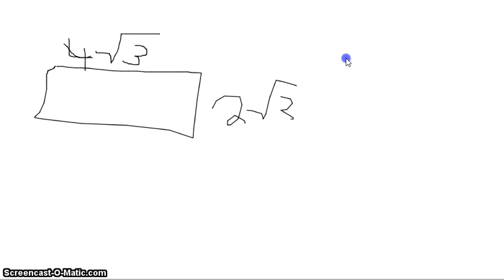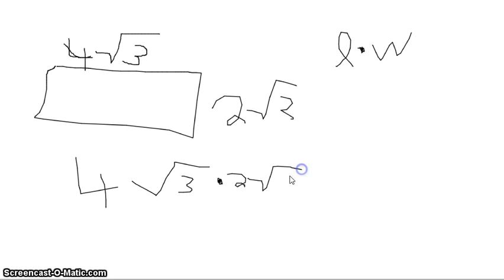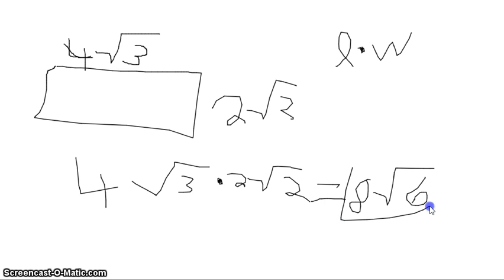And so for the area, it's just L times W. So you would have 4 radical 3 times 2 radical 2, and that equals 8 radical 6. And boom, that's the answer for the area of the rectangle.